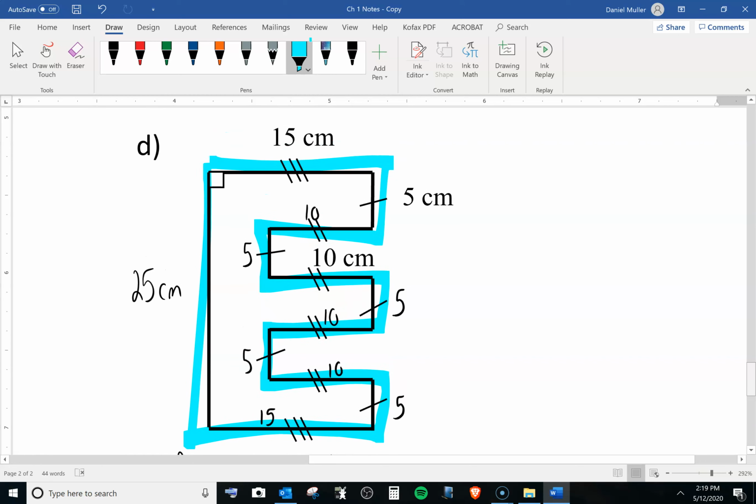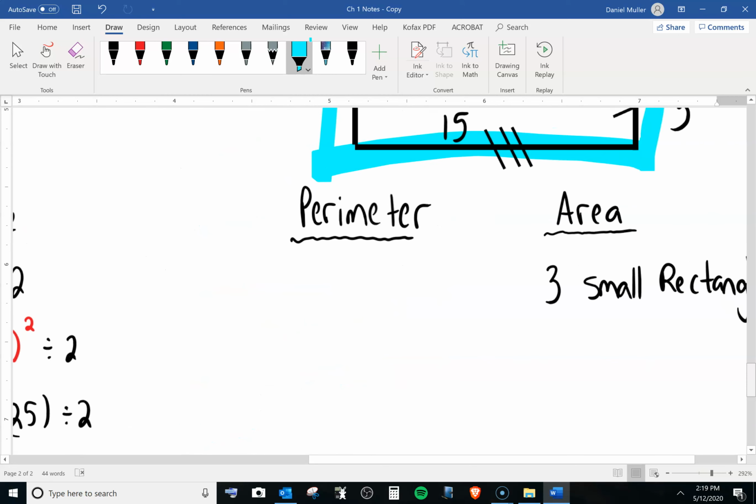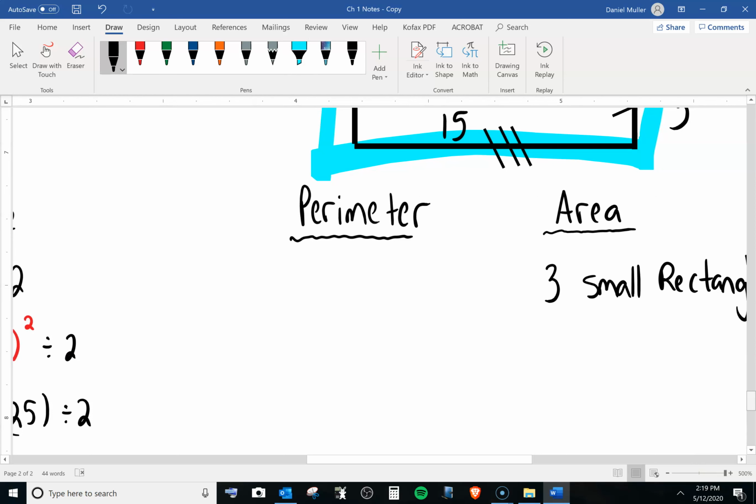So maybe I'll start with the 25 and then work my way around. I'm going to write this all vertically. So perimeter equals 25, and then I had the 15 for the top.